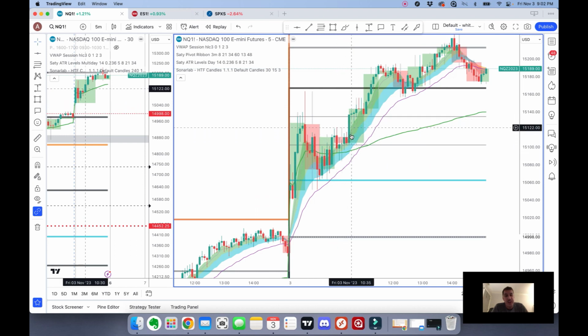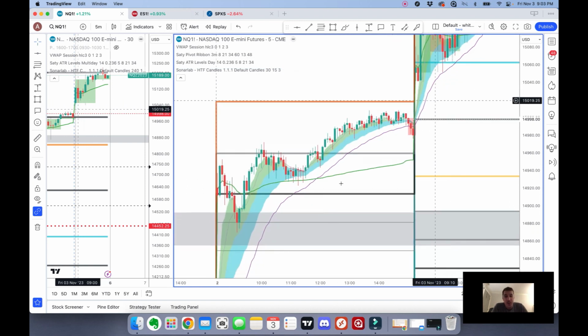You see how this ribbon, this cloud is going up, but at the moment it's happening, all you're seeing is that it's above this, which is good, but it can easily fake you out and snap back below, right?